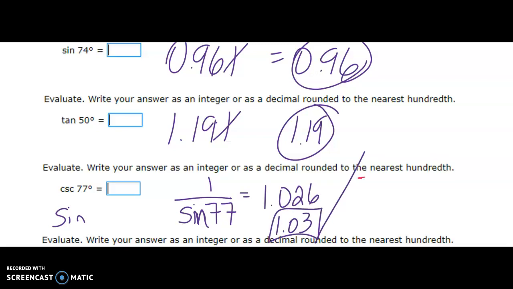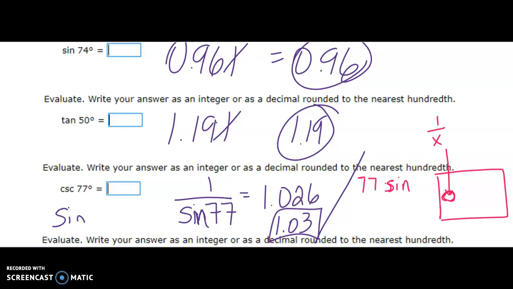If you are on your phone, you would do 77, sine, and then I'm looking for it. I know there's a button there. I don't see it. Oh, okay. Right here, there is a 1 over x button. Well, guess what? That makes it a fraction, right?